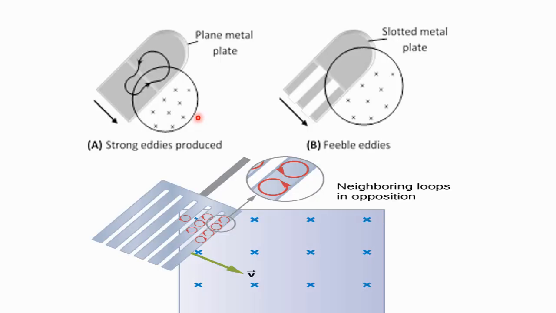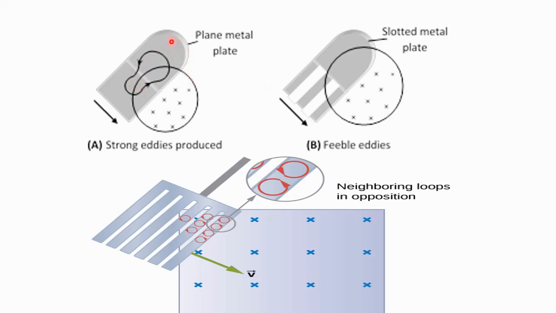The strength of induced eddy current depends on the area available for the current to flow. If a plain metal plate is used, then the area available for the eddy currents to flow will be large, and strong eddy current is induced in the plain metal sheet.